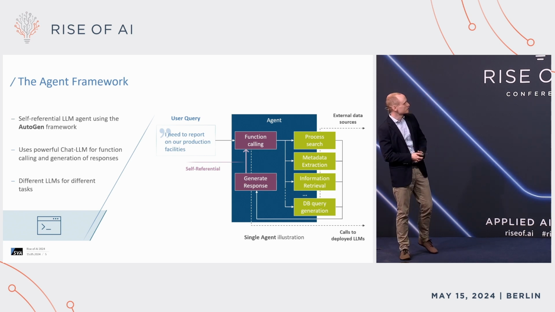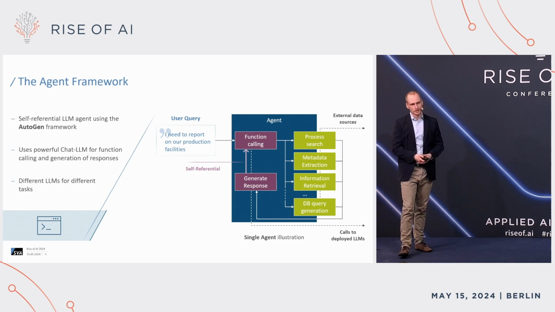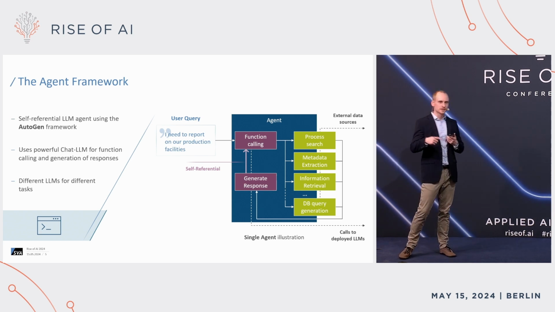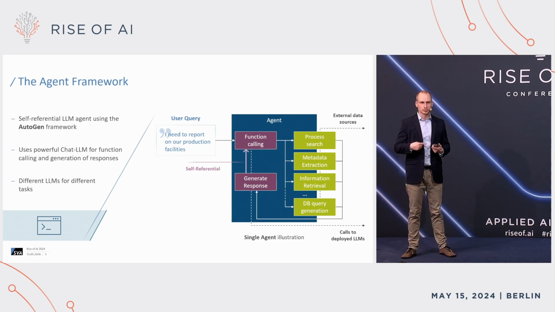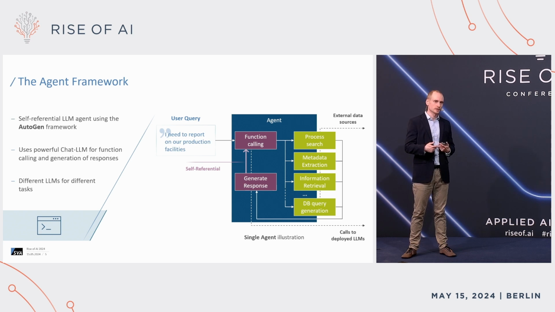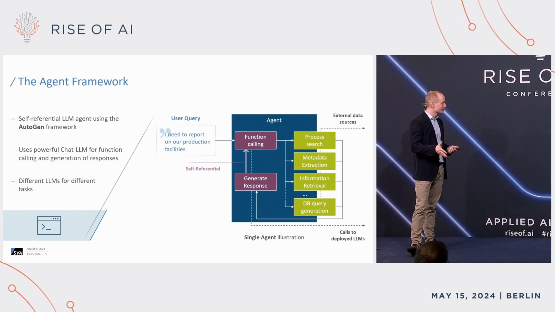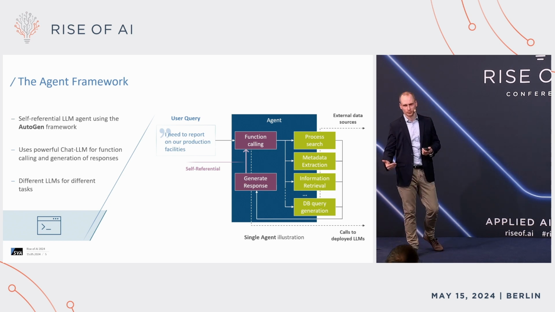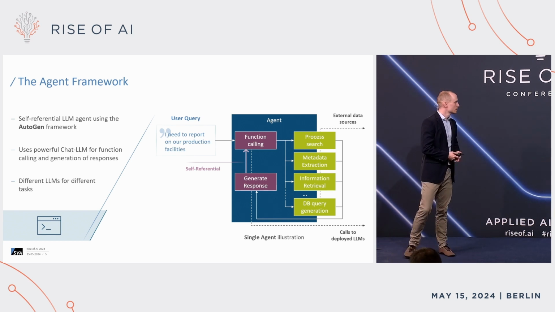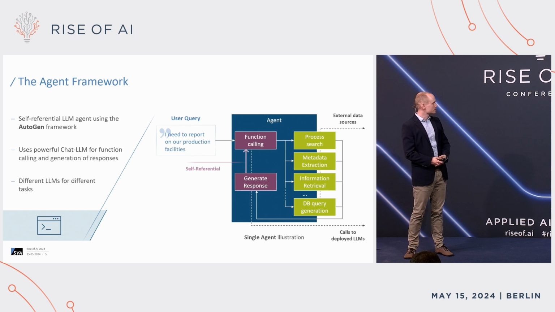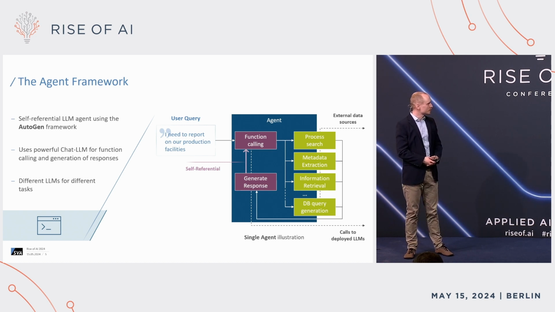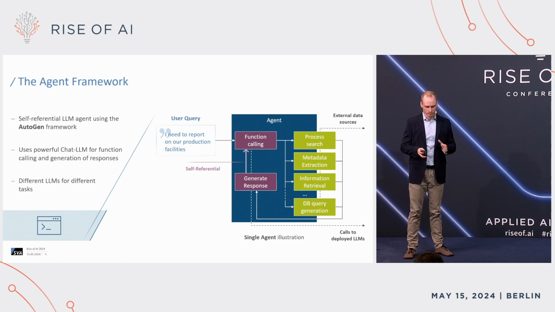And because it's a self-referential large language model, it feeds the answer back into itself in a kind of feedback loop until the answer is good enough for what's actually needed. This allows the agent to be the first stepping point in order to actually get the answer you want.